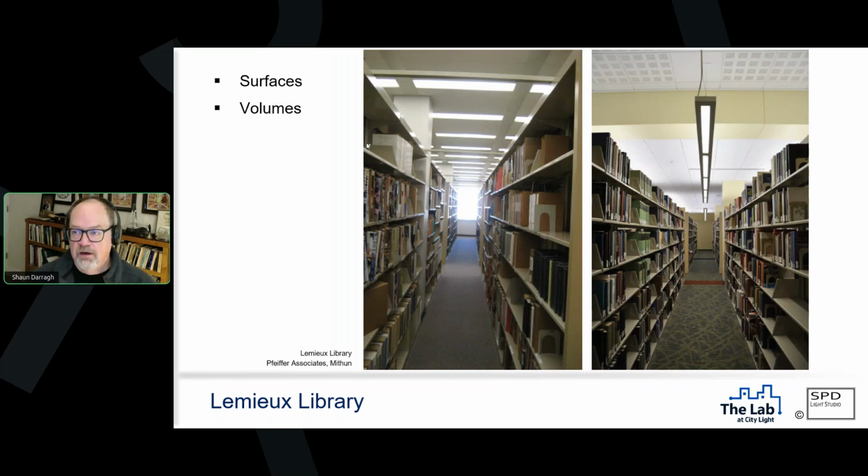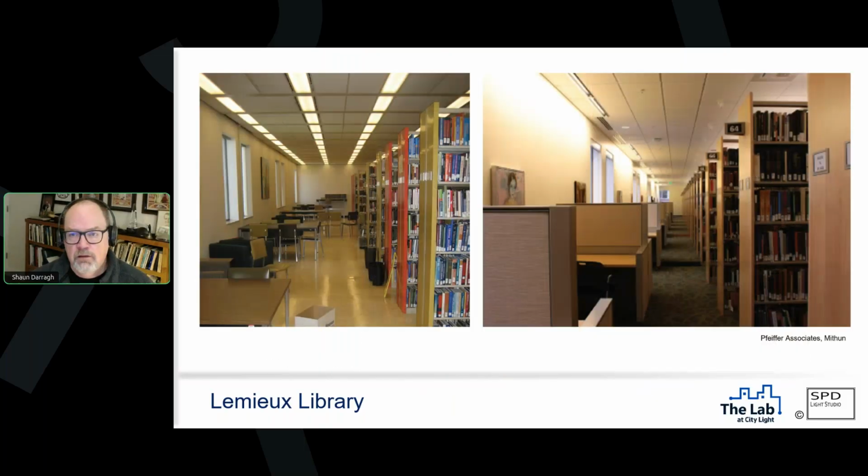We got rid of all that, and then we put linear indirect directs down the stack rows so that we kick some light up onto the ceiling, but most of the light is going onto the book stacks with a specific distribution of light meant for book stacks, right? So using a tiny fraction of the energy, but it's visually more pleasing, right?